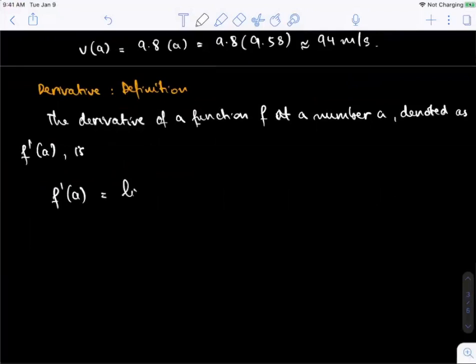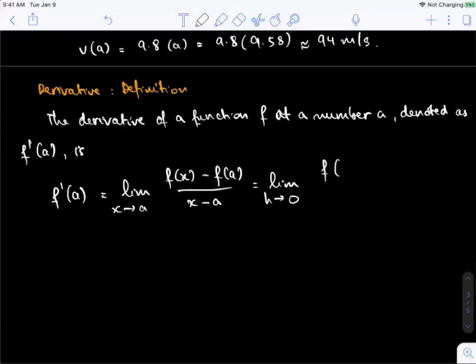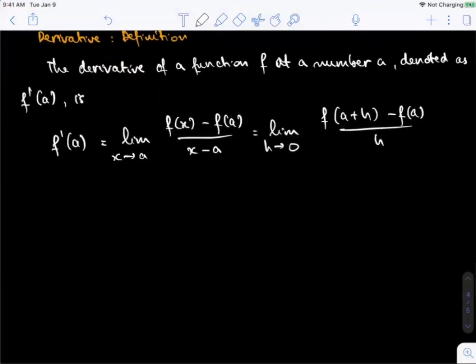It's equal to the limit of f of x minus f of a divided by x minus a as x approaches a, or the limit as h approaches 0 of f of a plus h minus f of a divided by h, provided that the limit exists.